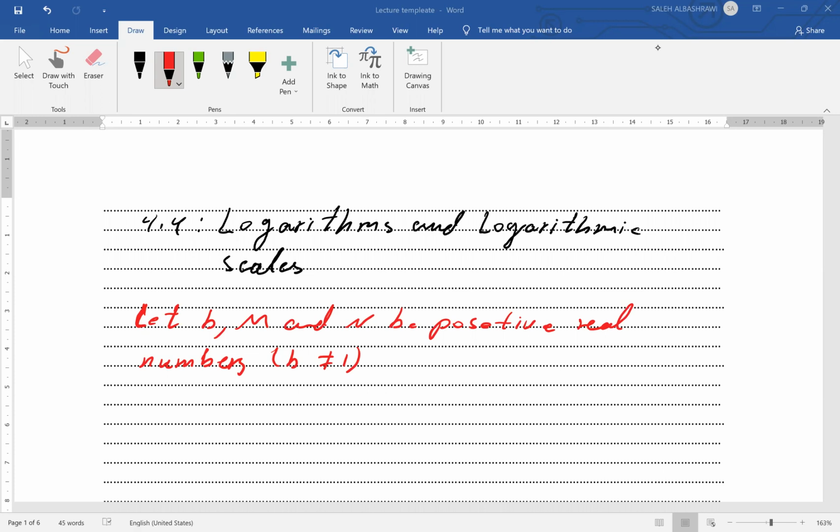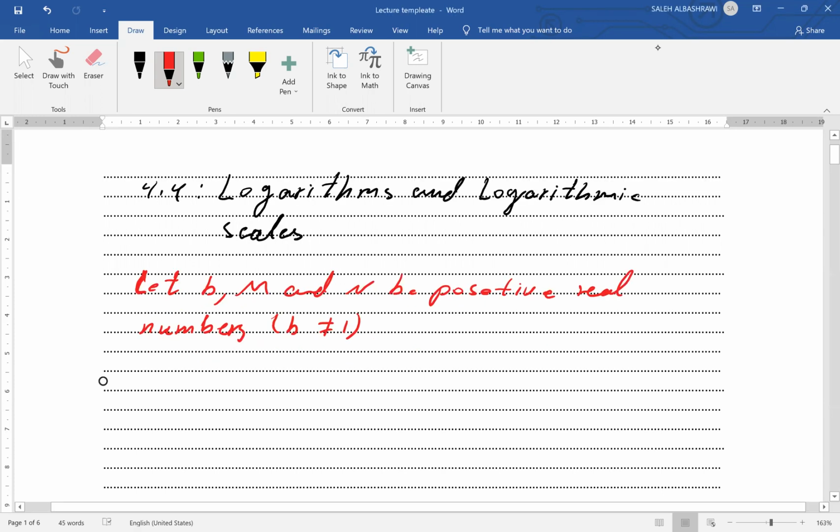Suppose that we have three numbers b, m, and n that are real numbers where b is not equal to 1. Then we have different properties for the logarithm. Start with the first one, b1.